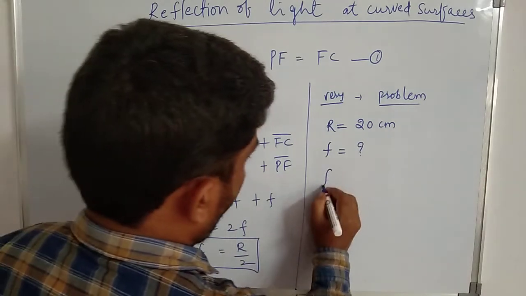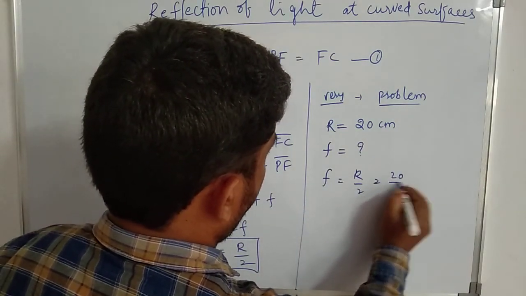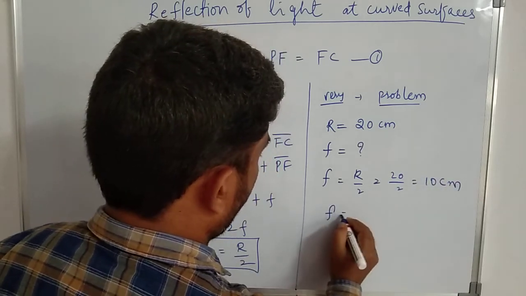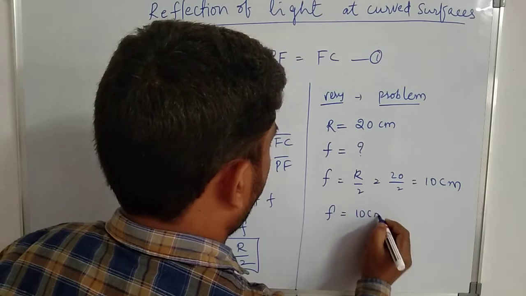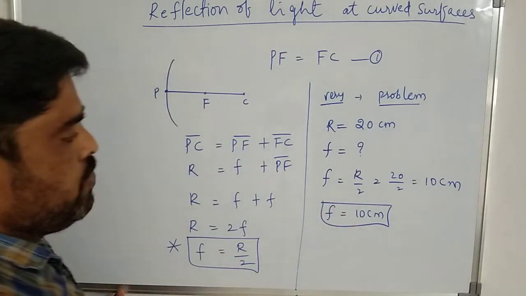According to this, focal length is equal to R by 2, so 20 by 2 is equal to 10 centimeters. So focal length can be found directly using this relation, f is equal to 10 centimeters.